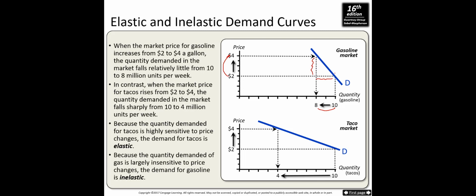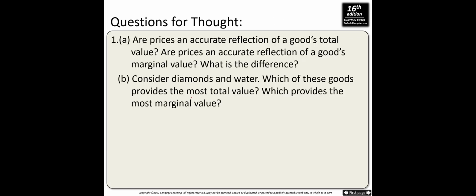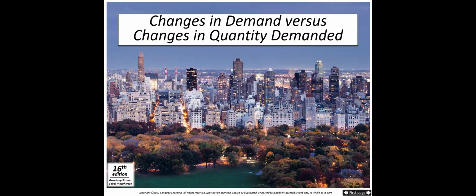In contrast, when the market price for tacos rises from 2 to 4, you see again the price doubles. Look how much the quantity changes: a 6 million unit change. 6 million fewer tacos are sold. When the demand curve is flatter, that means demand is elastic. When the demand curve is steeper, that means demand is inelastic. So you have a question here that you can think about.